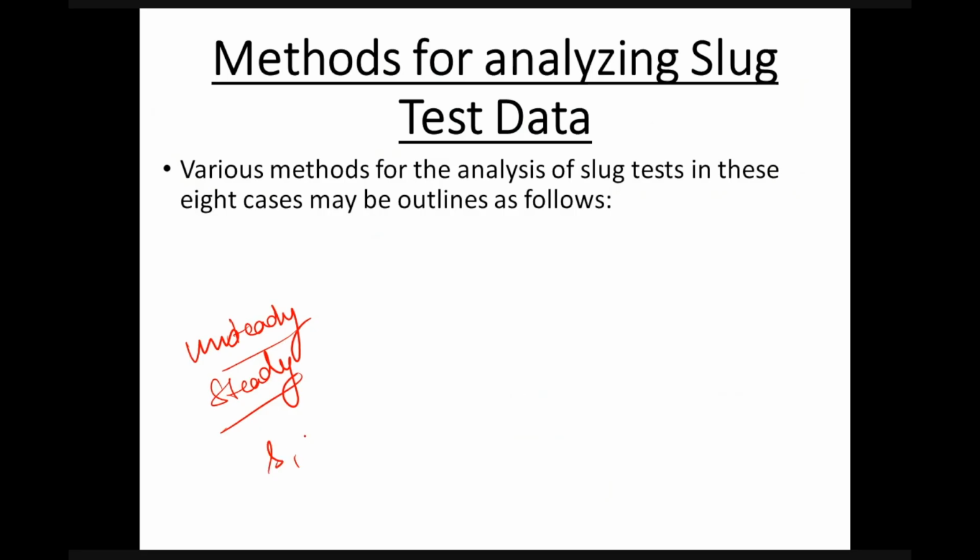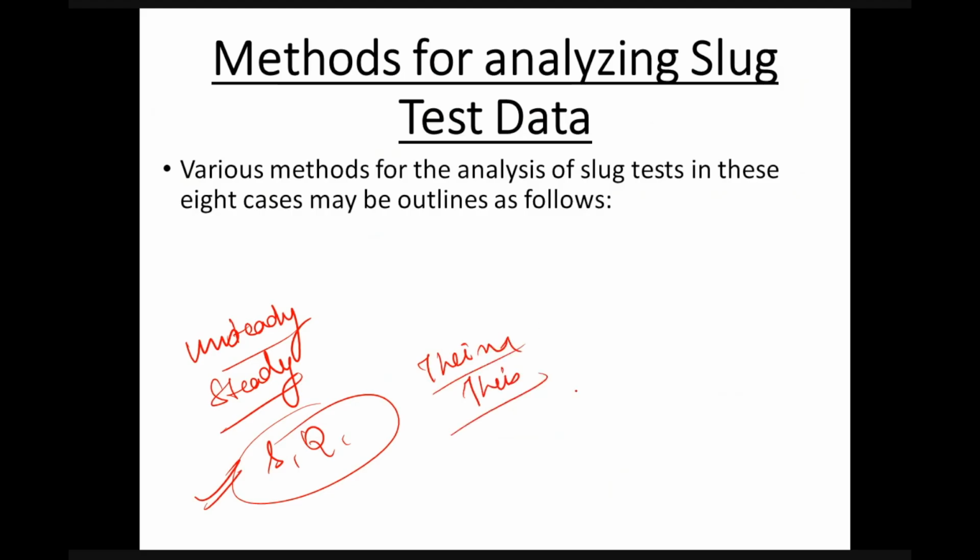We have taken values of discharge also. ठीक है, तो हमने ये सारी values निकाल के, what we have done, we have put these values into the equation, ठीक है, into different equations to determine the hydraulic properties of the aquifer. So the same thing we are also doing here. So we are measuring the head with respect to time. Now we will use this data that we have calculated in the field, and we will analyze this data to determine the hydraulic property of the aquifers.